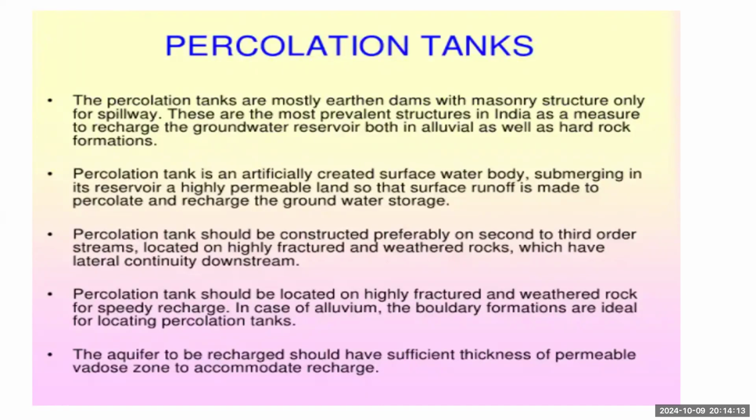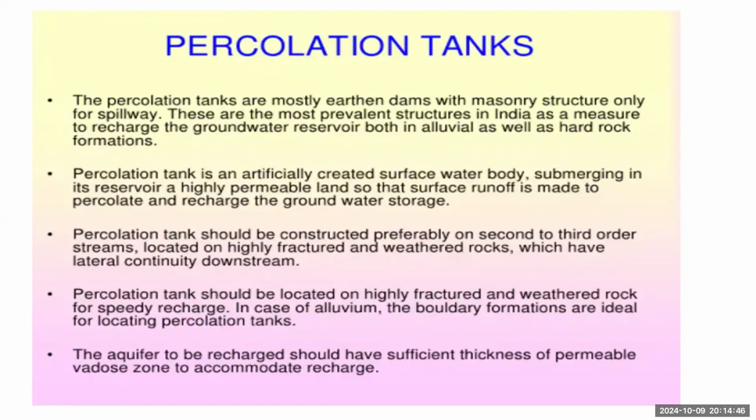Below the surface of the earth crust, there is an arrangement of rocks, a number of layers of soil and rock. These tanks are constructed on fractured strata. If the strata consists of weathered rock, then only this percolation is possible.